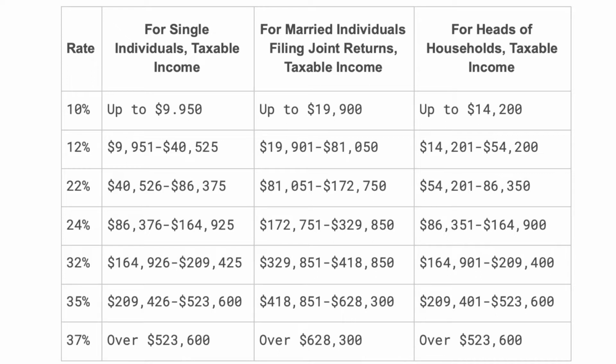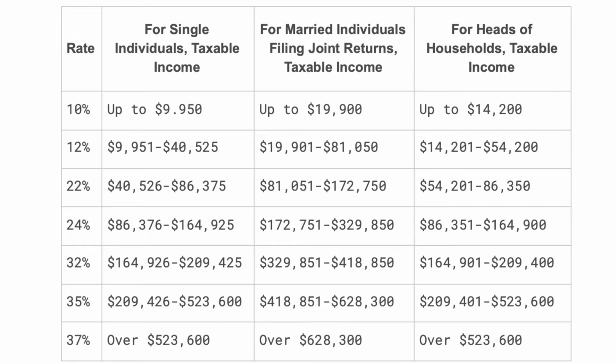And again, this threshold at 10% for single individuals is $9,950. So what that means is that if someone has taxable income of $10,000, okay, and we have another person who has taxable income of $10 billion, they're paying 10% tax on their first $9,950 if they're single, regardless of what their ending earned income is.